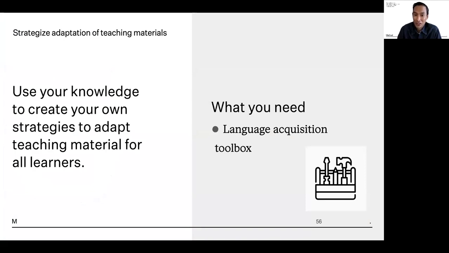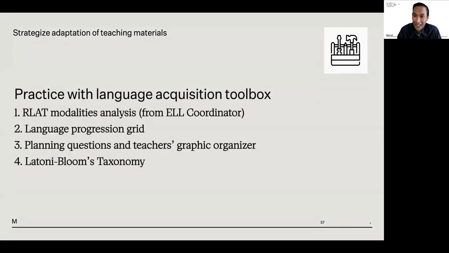Okay, I've given you a lot of information, a lot of tools to put together your language acquisition toolbox. Those of you who've taken my class or workshop before, I love the concept of having a toolbox and using those tools to create instruction. So you have the modality analysis.